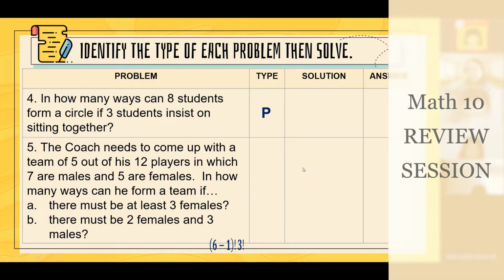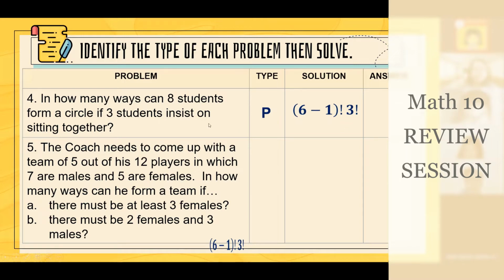Mavi, what is your solution here? 3 factorial times 6 minus 1 factorial. Okay, very good. That's it. Yes, 6 minus 1 factorial times 3 factorial, or the 3 factorial can come first and then times 6 minus 1 factorial.